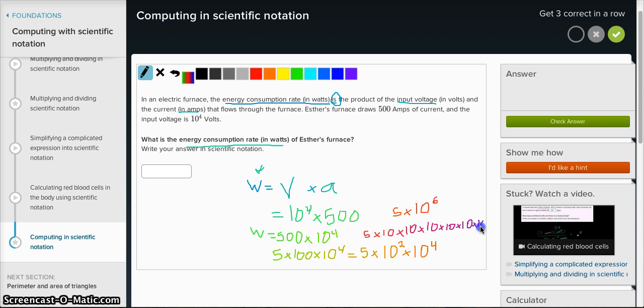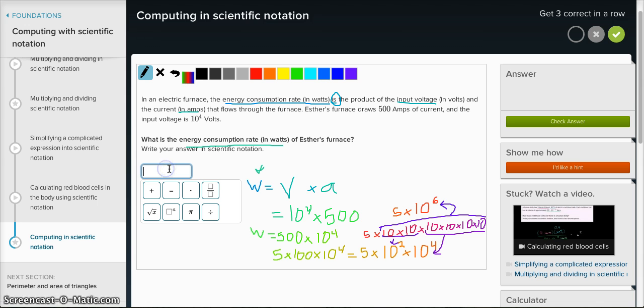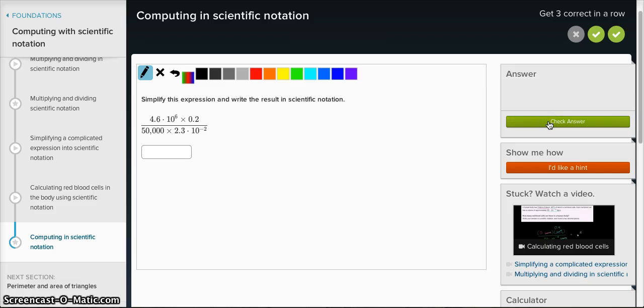I think that's the right number. Yes, so these 4 are from this. These 2 are from this. See, so really if you take all these together, that's just 10 times 10 6 times, which is 10 to the 6th. So that's why you can just add those together, and now we have it in scientific notation, because 5 is less than 10 and greater than or equal to 1, and it's times 10 to some power. Yay, I got it right.